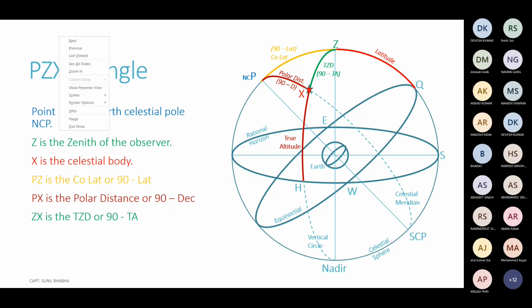But in this diagram, you can see both the systems simultaneously, and you can appreciate how this triangle is being made. So you can take a screenshot and keep it safe with you. So anytime you have doubts understanding the PZX triangle, just open it up and it should be clear. Yes, sir.